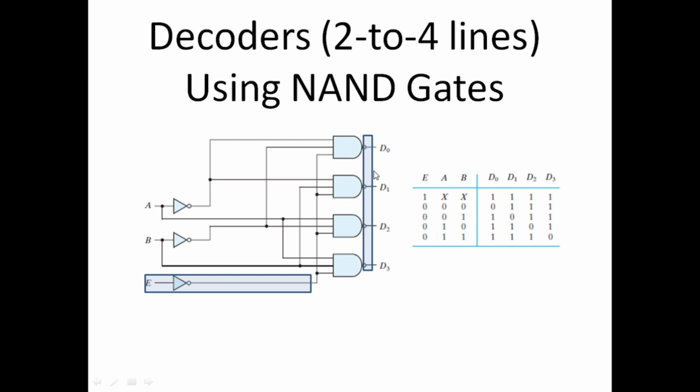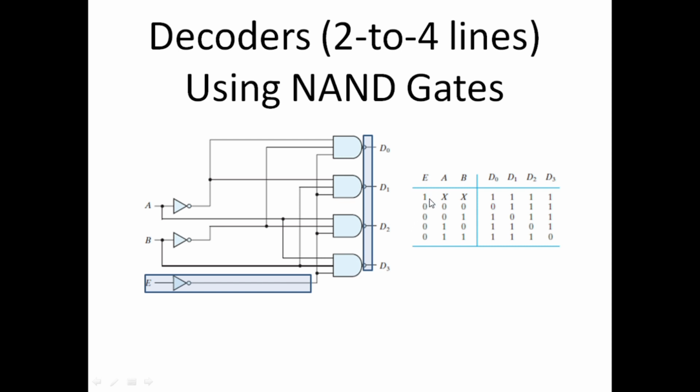So how it works, let me show you the truth table of this 2 to 4 line decoder implemented with NAND gates. Whenever the enable line is 1, we will get 0 here, and this 0 will disable all these NAND gates.